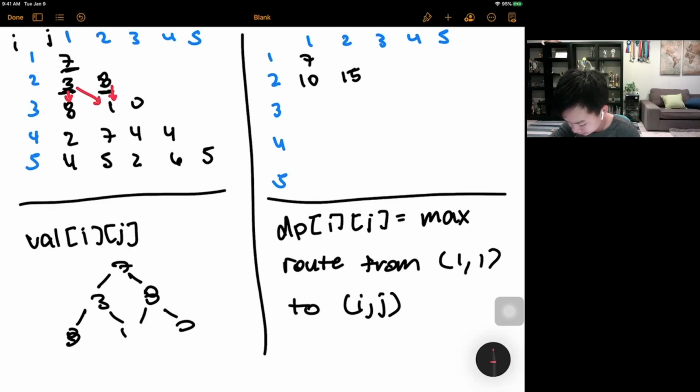Here again you see that 8 points to 1 as well, and 8 also points to 0. So basically you can draw this comparison by linking these nodes.